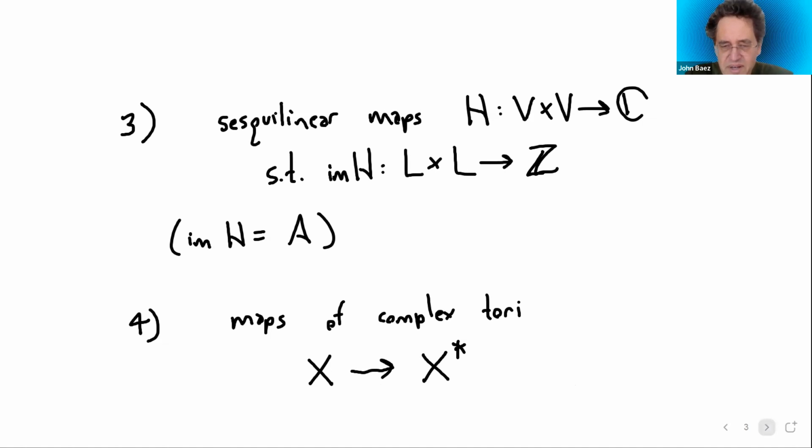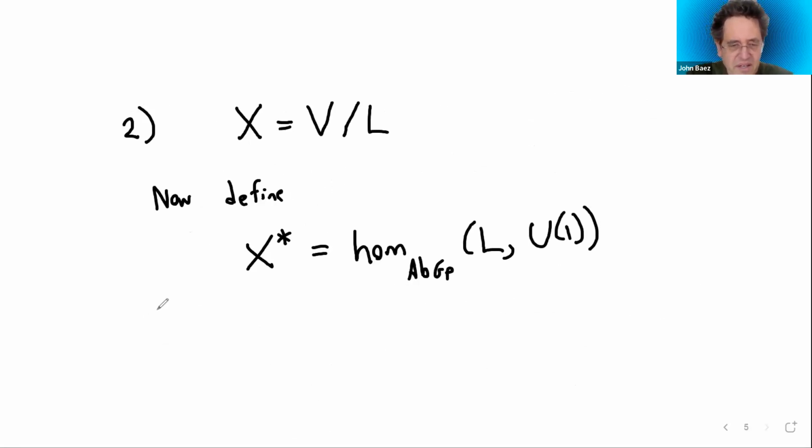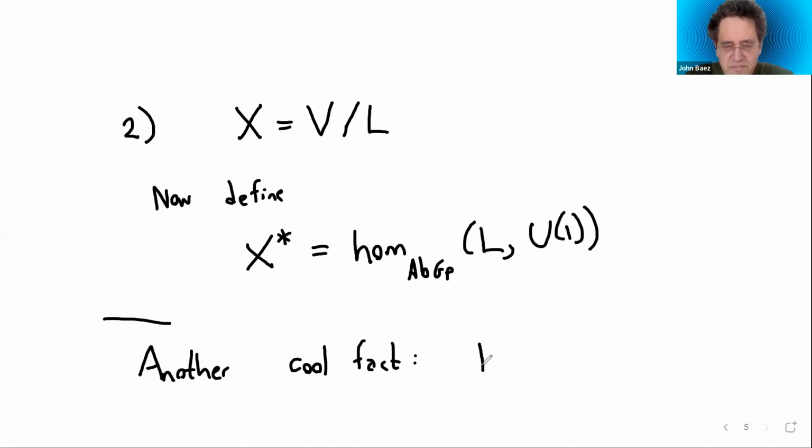And while I'm at it, before I go on to explain a little bit about that, there's another cool fact. Another reason for caring about this dual torus, which you probably know perfectly well, is that this thing I was calling the Jacobian, the connected component of the Picard group, is naturally isomorphic, algebraically, to this dual torus.